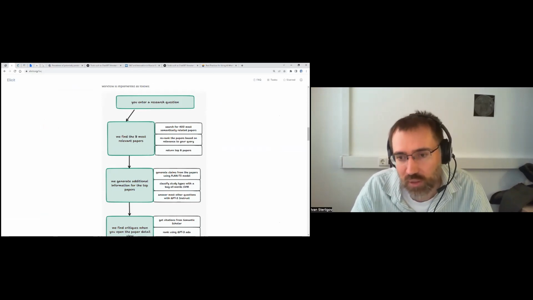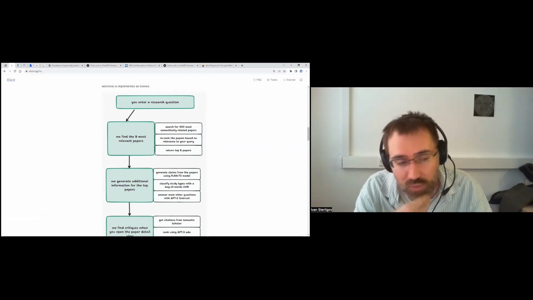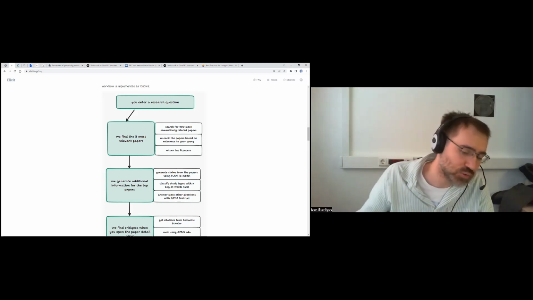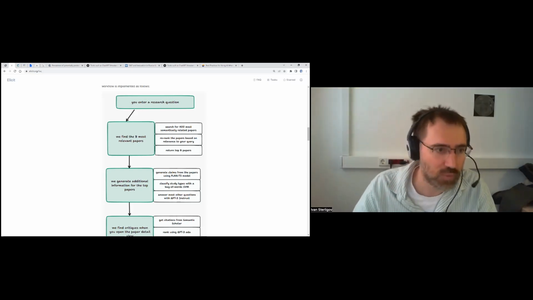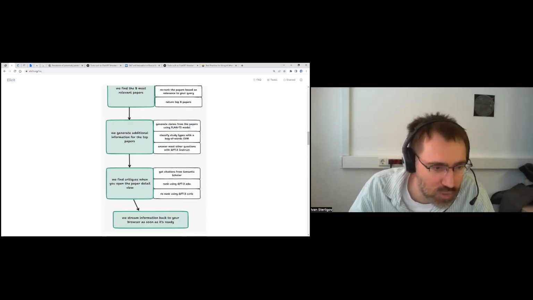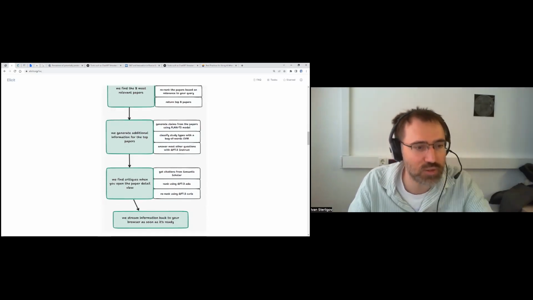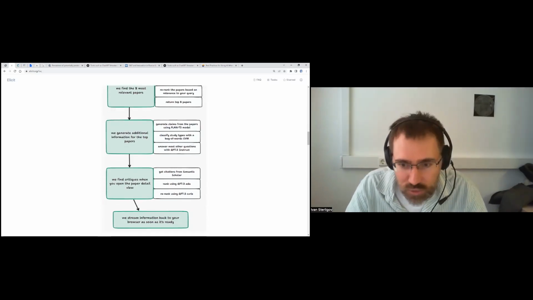And this tool tries to show us how it exactly generates all this goodness.